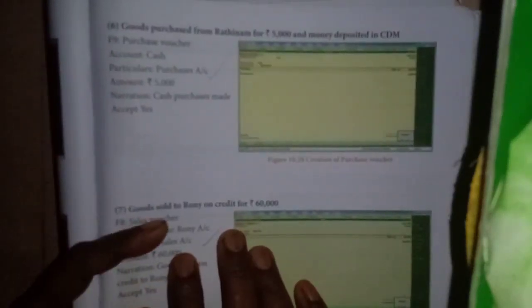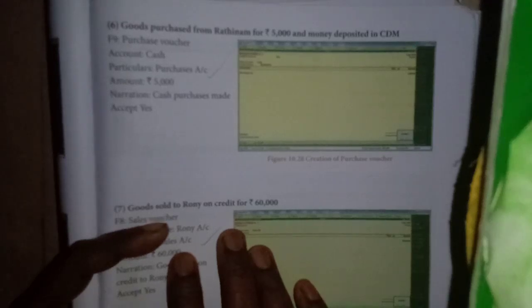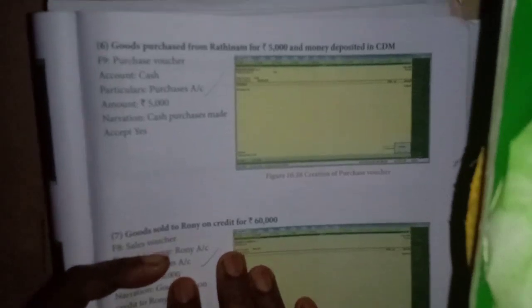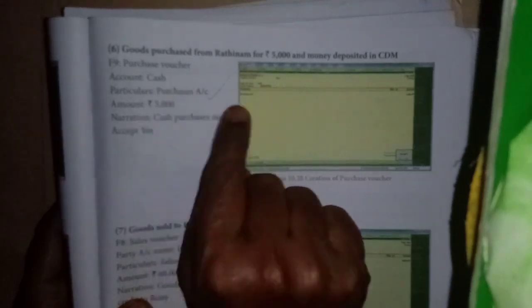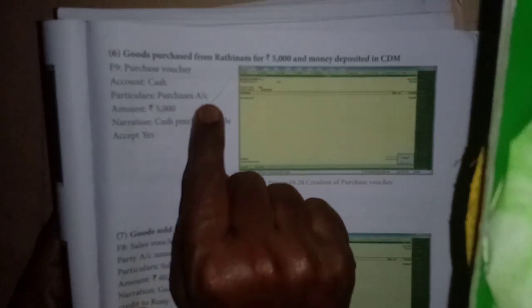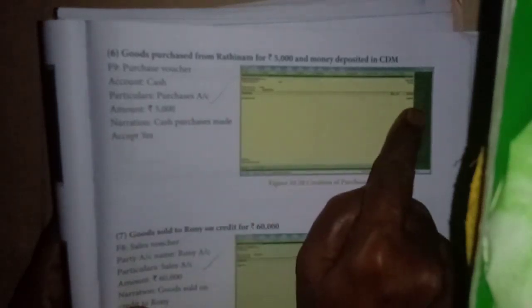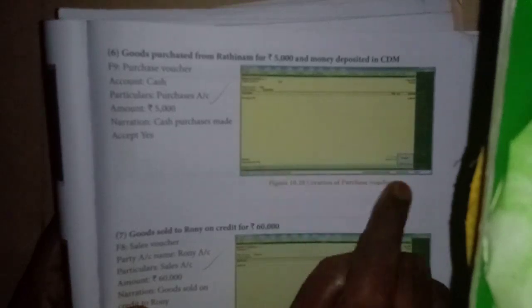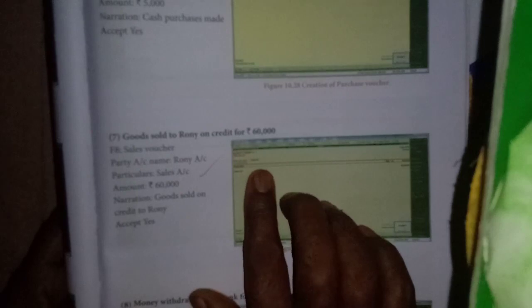Sixth transaction, goods purchased from Ratina for 5,000 and money deposited. This one is a purchase voucher. Then account cash, we click cash here. Then particulars, purchases account, and we enter the amount. Then narration. Then goods sold to Roni on credit.